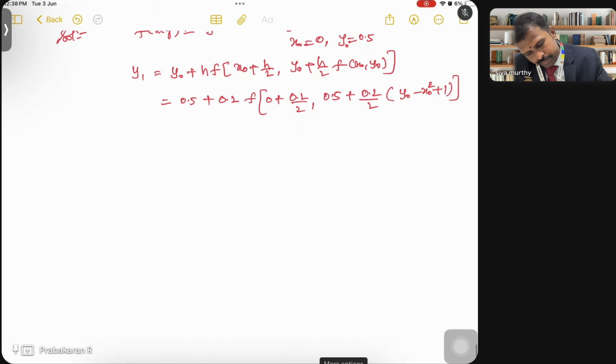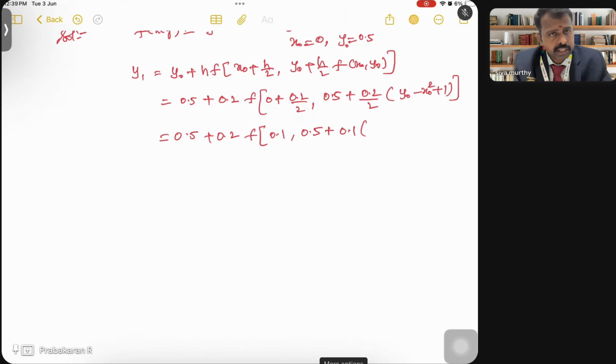Then 0 plus 0.2 divided by 2 means 0.1. So 0.5 minus 0 plus 1, close the bracket.